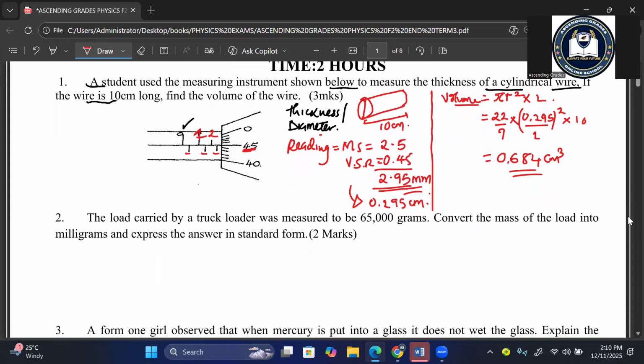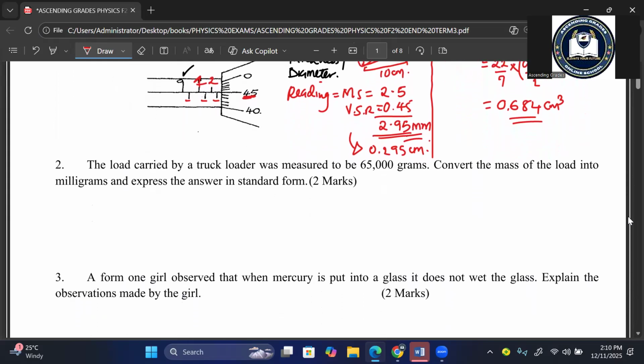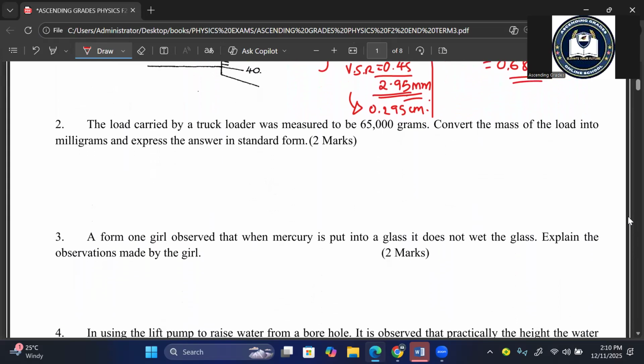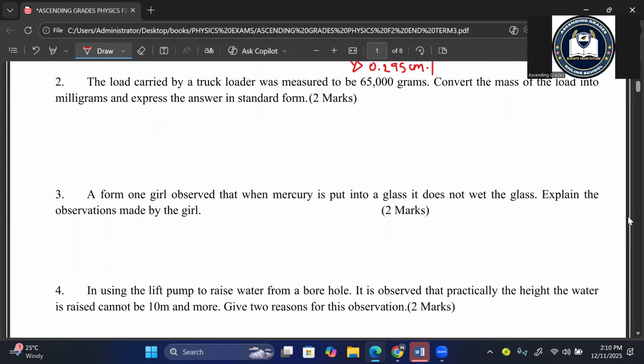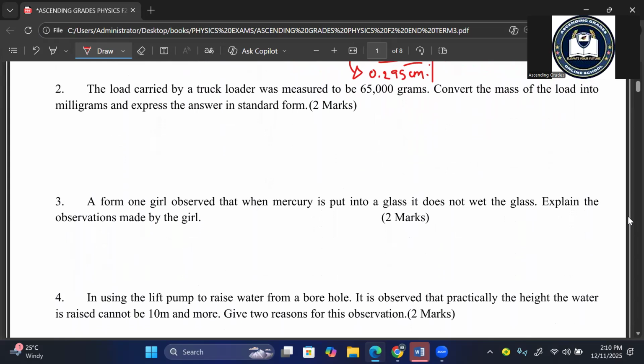The load carried by a truck loader was measured to be 65,000 grams. Convert the mass of the load into milligrams and express the answer in standard form.